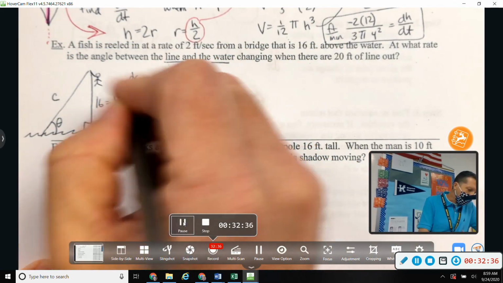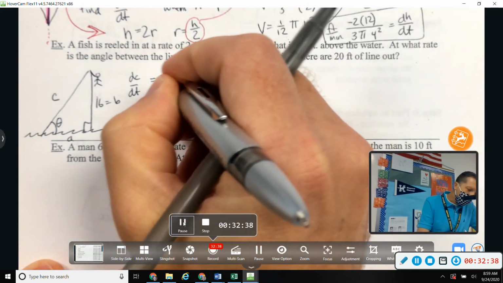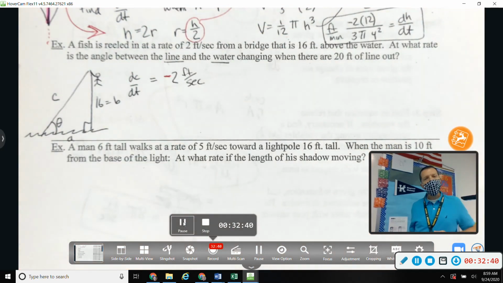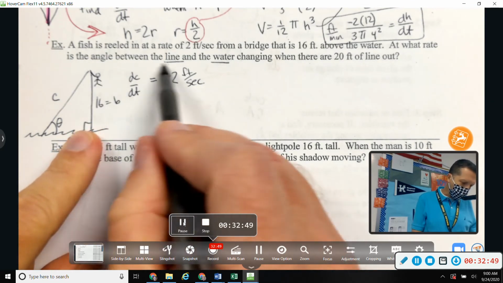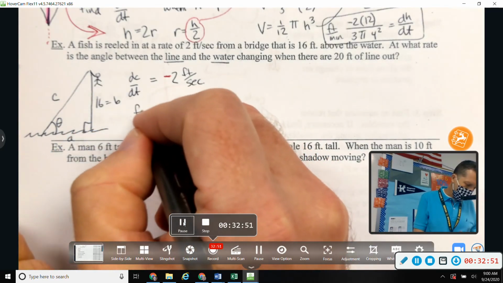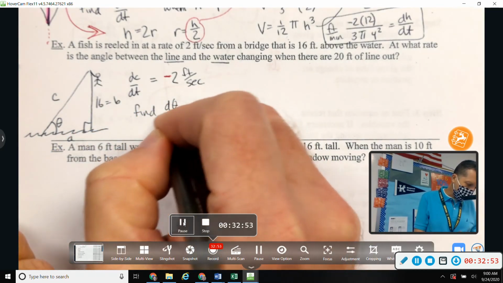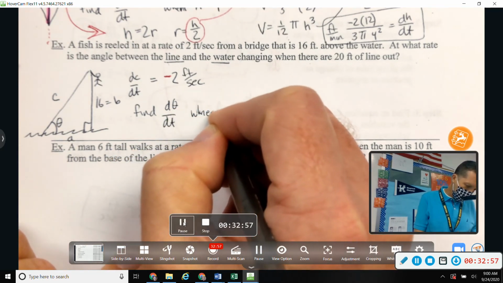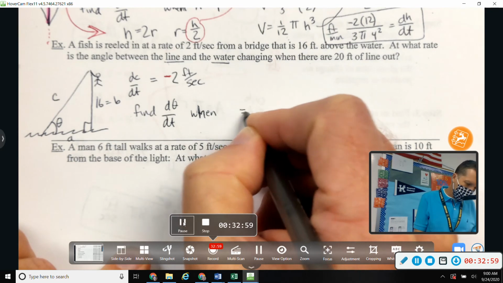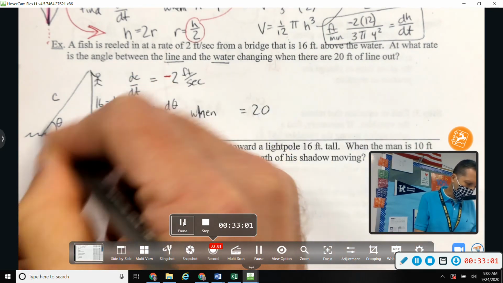Whoops, I just gave away the second answer there. If we're reeling it in, C is getting shorter at 2 feet per second. What rate is the angle changing? So find d theta dt when something is 20. Well, 20 feet of line, I guess that's C.